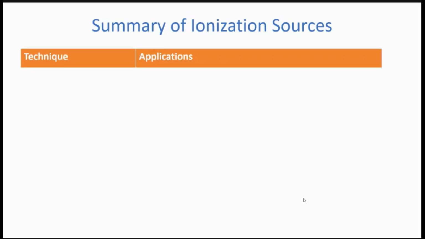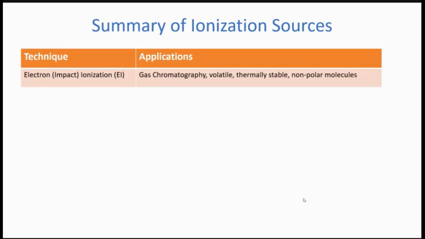So let me summarize everything I've just explained to you guys, the different types of ionization sources. Electron impact ionization is applied really well to gas chromatography with volatile, thermally stable, and non-polar molecules. Inductively coupled plasma, or ICP, works very well for elemental analyses because it atomizes your sample, so you definitely don't want to try and measure molecules.